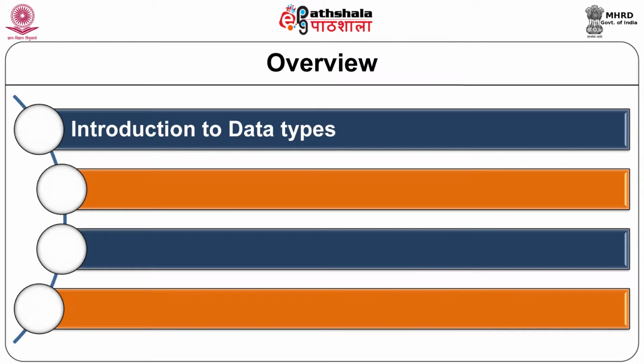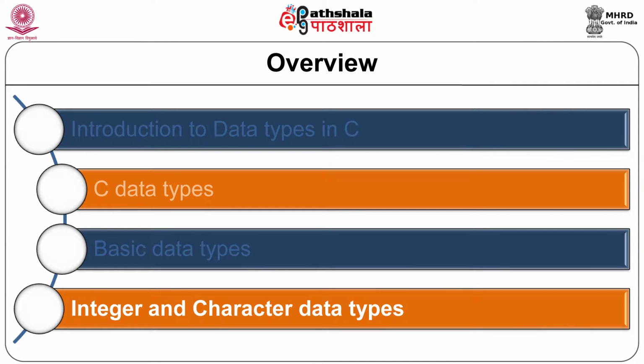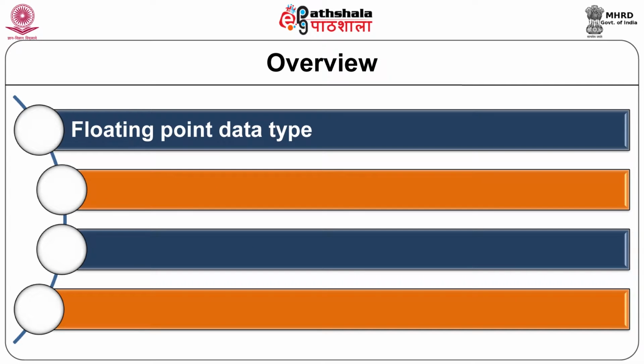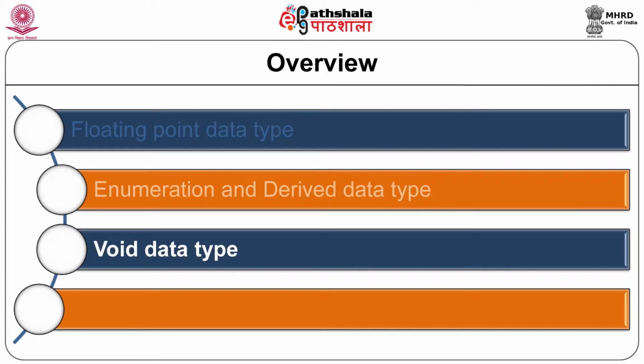The outline of this module: introduction of different data types, basic data types, integer and character data types, floating point data types, enumeration and derived data types, void data type and summary.